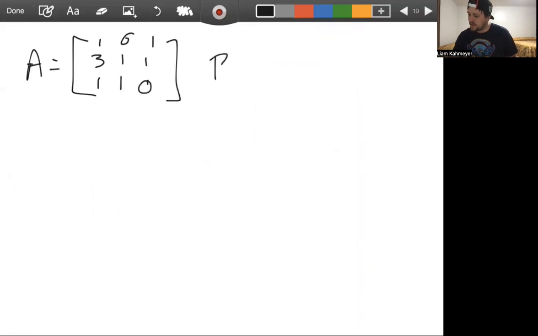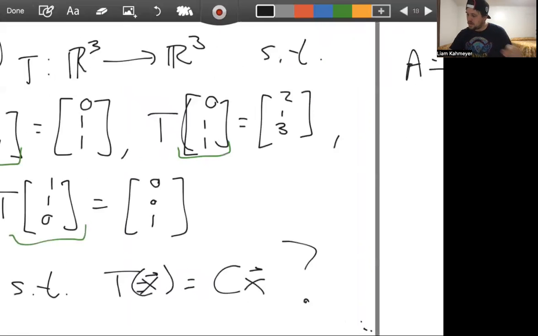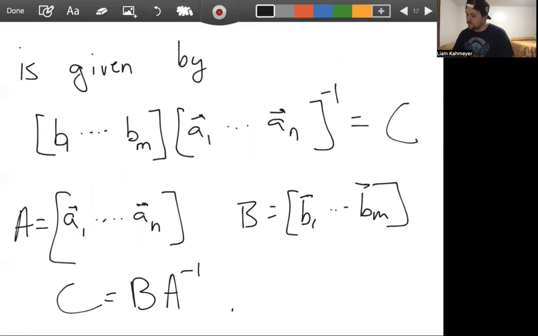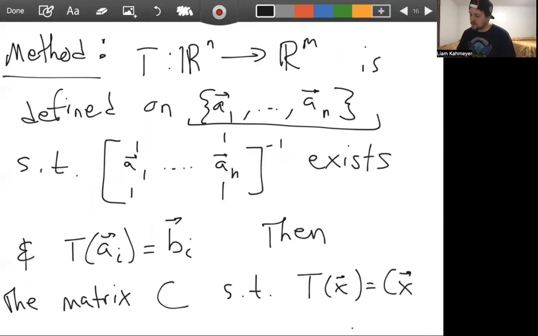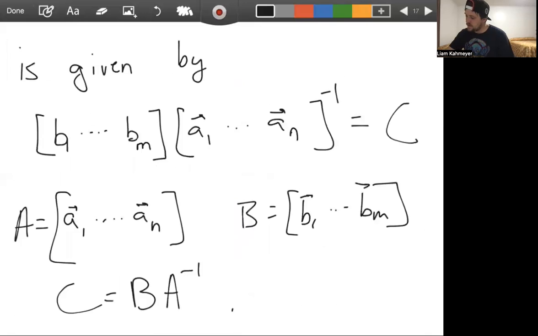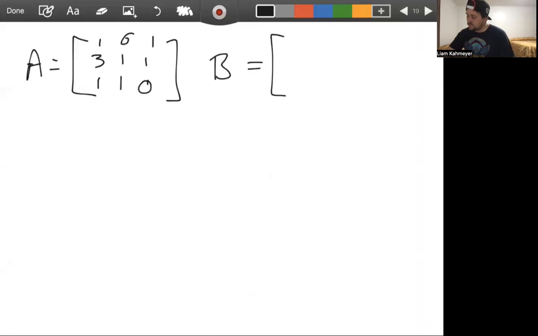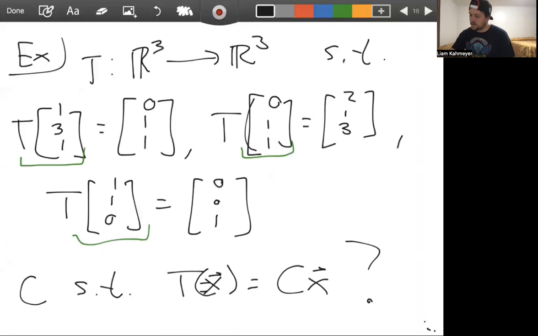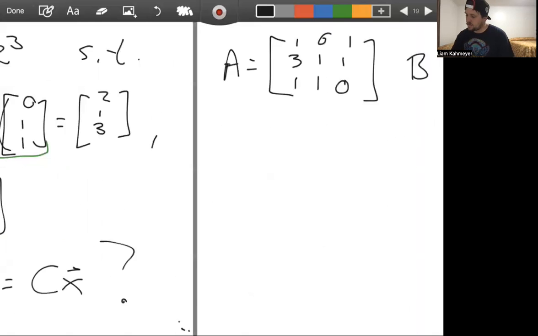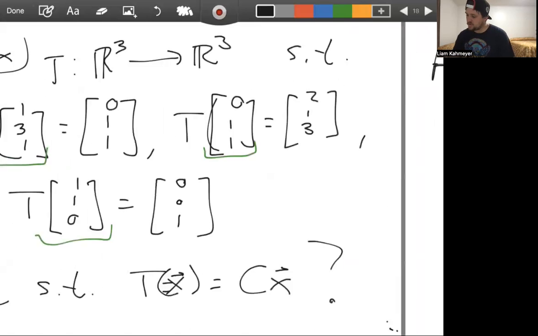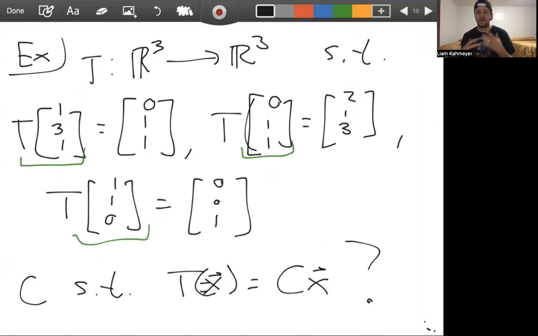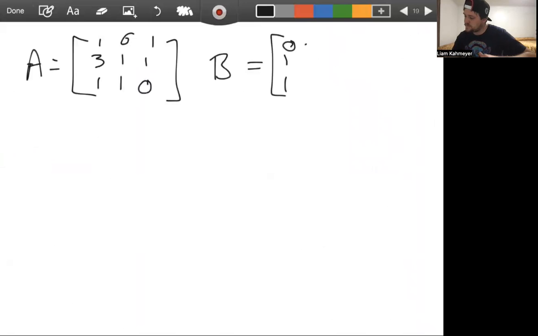And then B is the matrix of resultant vectors, because we're saying the image of these Ai's is these Bi's. So for B, what's the result from (1, 3, 1)? That's (0, 1, 1). T of (0, 1, 1) is (2, 1, 3).